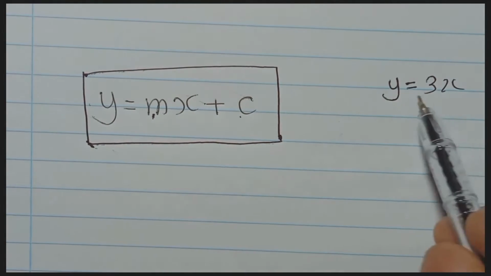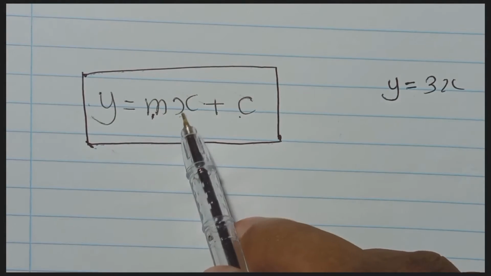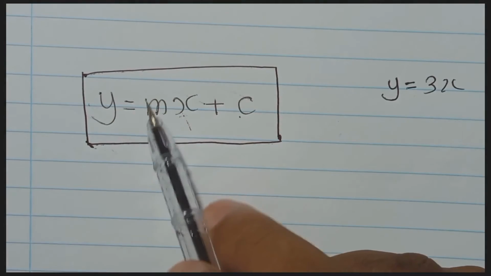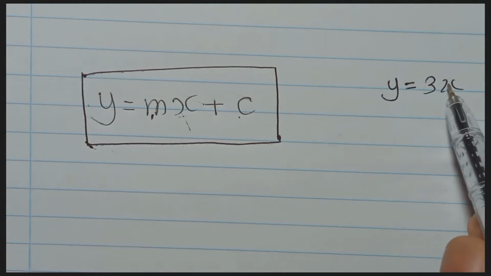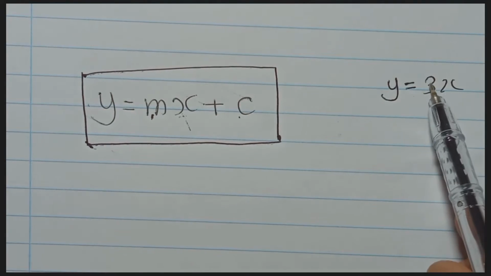Right now, you will be confused. Here gradient, we have what value with x, or we can call it the coefficient of x, that is the gradient. Right now, this x coefficient is 3, so you will know 3 is the gradient.